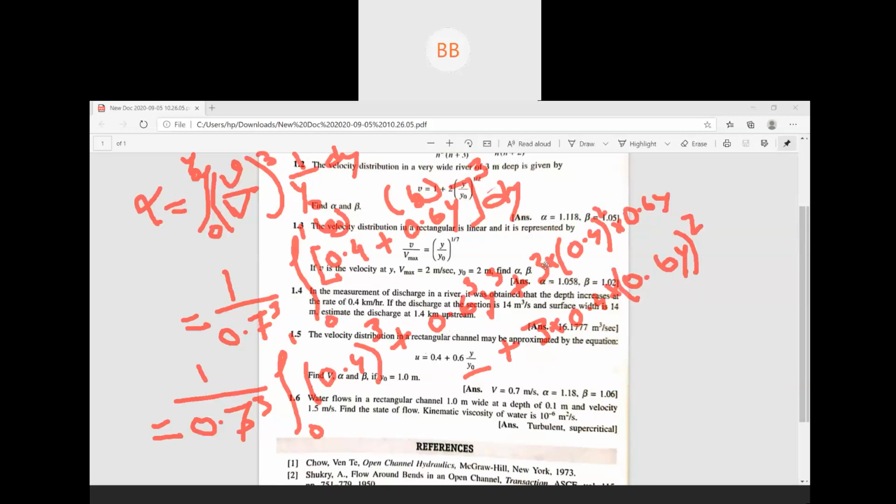So 3a square b plus 3ab square. Then again we have the limit from 0 to 1. It's already given, so we don't have to write that limit again. Then we have dy.